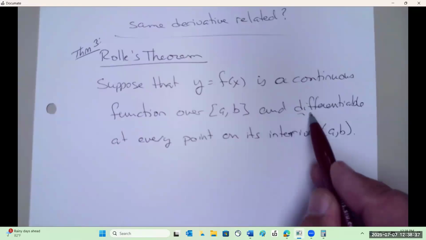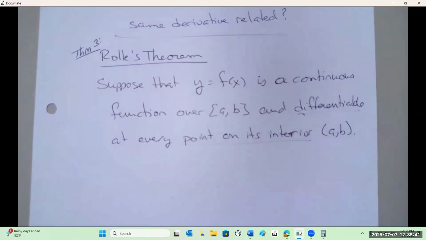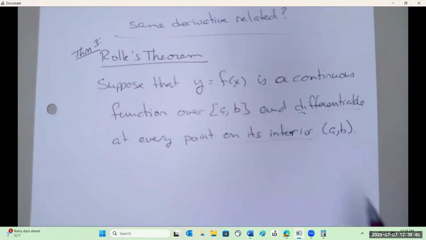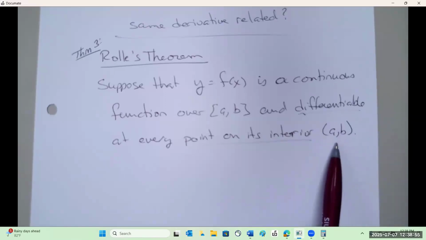Now, it has to be differentiable at every interior point. Okay, why is this an open interval, and these are closed intervals? Why is this one open?